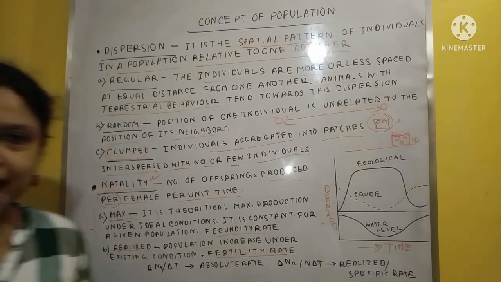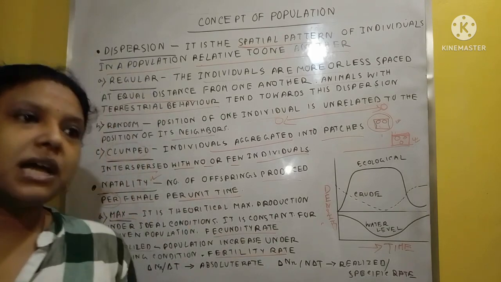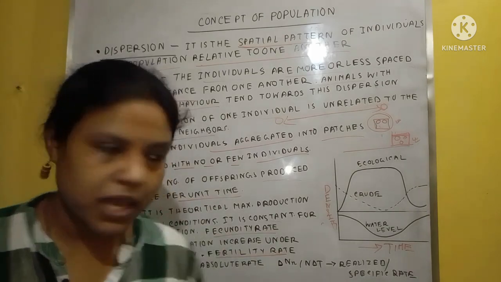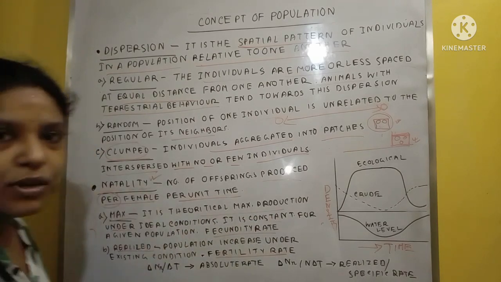Theoretically it is said that maximum individuals can be produced if the conditions are favorable, in a particular population.